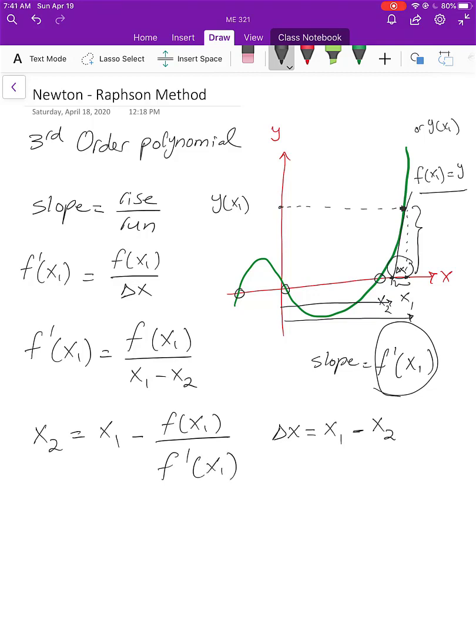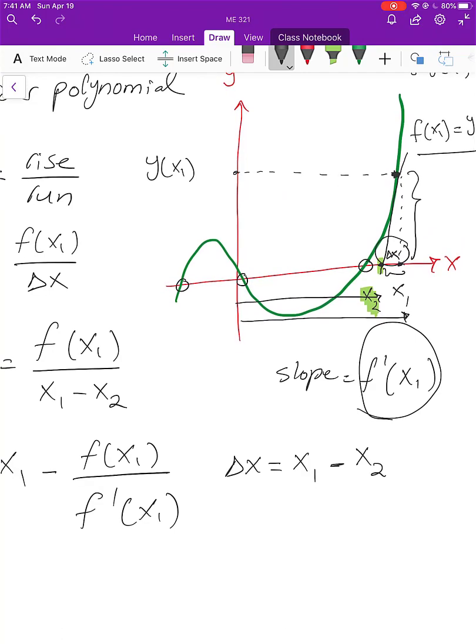That means that if we want to find x2, this point right here, we would need to start with an initial guess x1 and then evaluate our function at this initial guess, f of x1, and evaluate the first derivative of that function, f prime of x1. But what if we want to find x3 to come closer and closer to that curve, so we can find our first root?